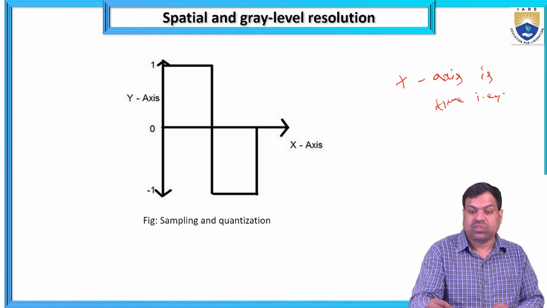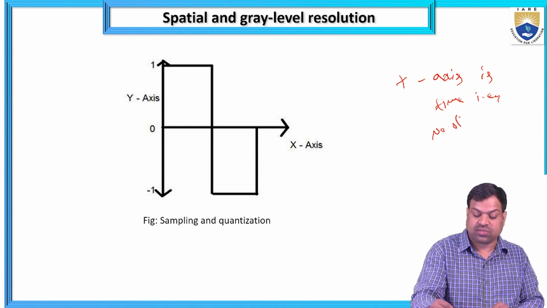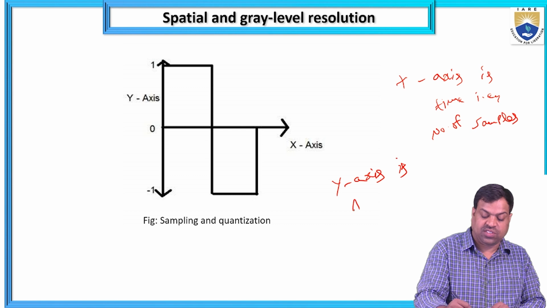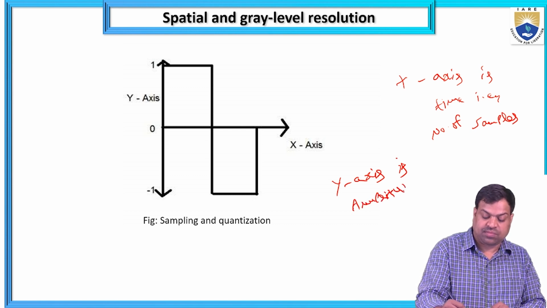X-axis is time, that is the number of samples. Y-axis is amplitude, that is quantization.